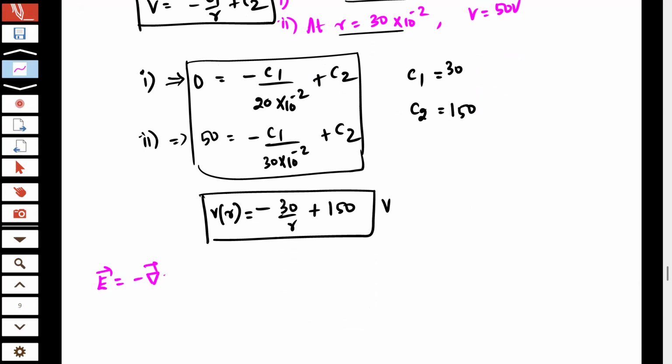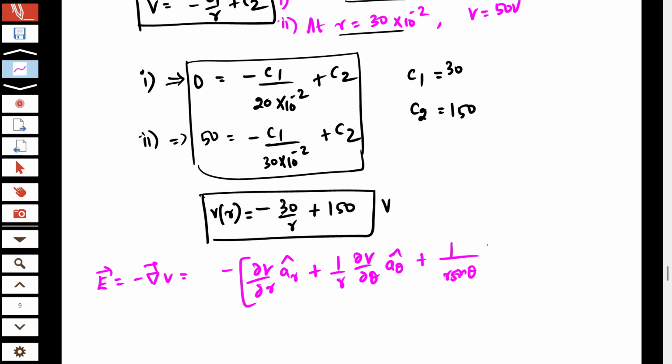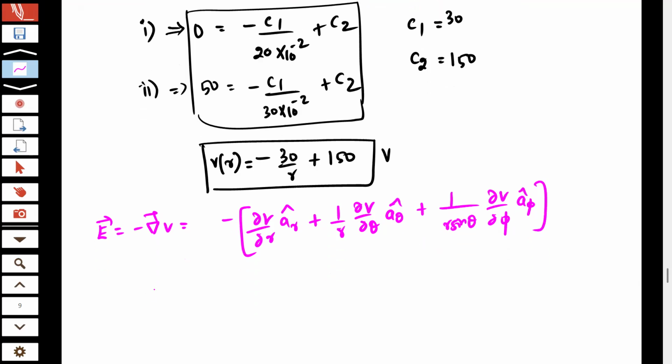So minus del V formula is minus dou V by dou R A R cap plus 1 by R dou V by dou theta A theta cap plus 1 by R sine theta dou V by dou phi A phi cap. This is E, and you will be getting differentiation of this with respect to R alone, because V does not have any theta variable or phi variable.